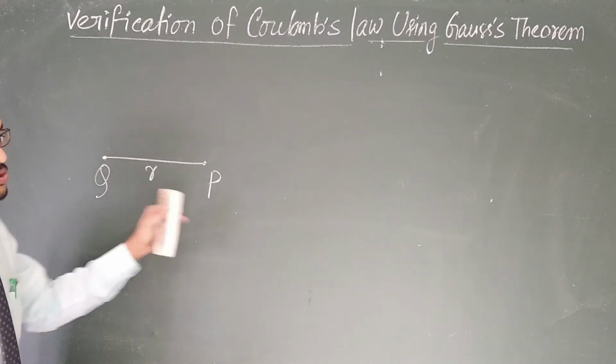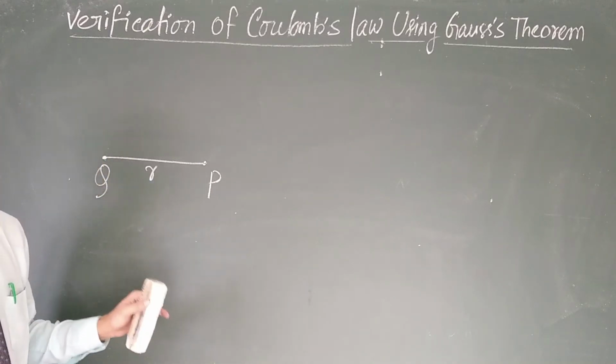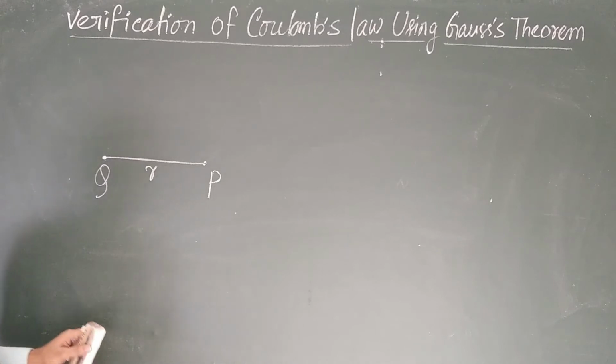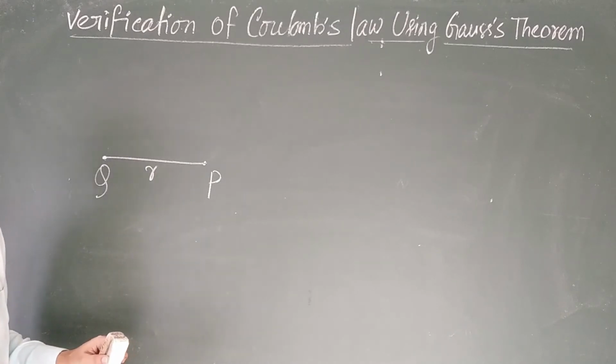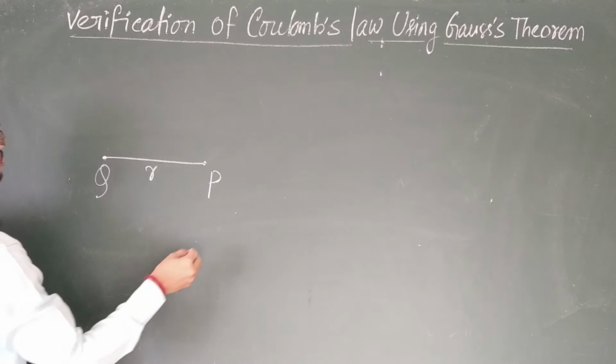Here we will use Gauss theorem. First we have to draw the Gaussian surface, which will be symmetric about the charge due to which we want to find the electric field intensity.